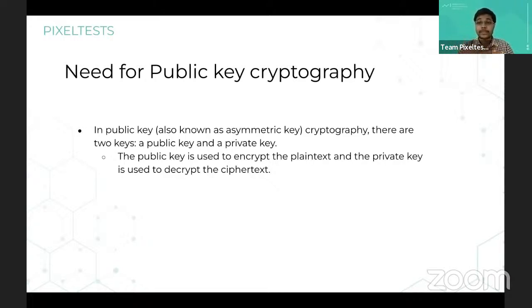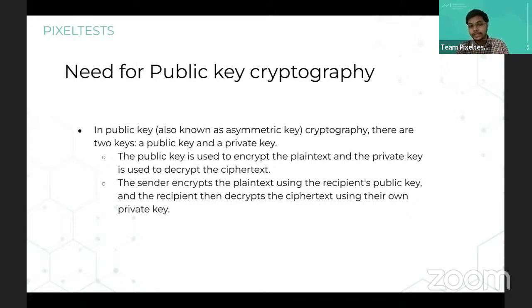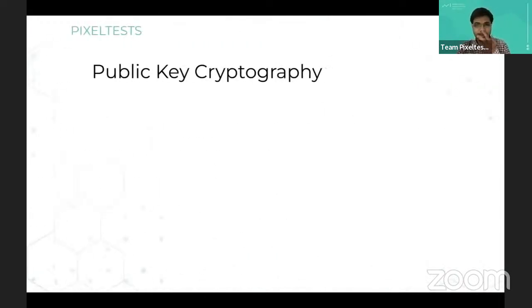So instead of sending the message itself, I send an encrypted cipher. We'll see it in a visual format. It becomes cipher text, which then gets decrypted using the private key. Let us understand this with an example.